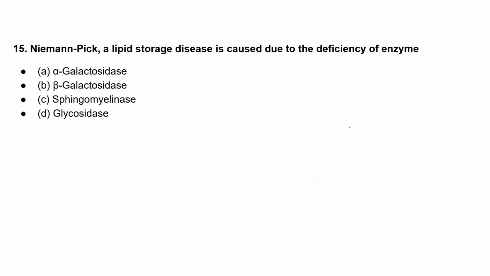So the next question is: Niemann-Pick, a lipid storage disease, is caused due to the deficiency of which enzyme? Option A is alpha galactosidase, option B is beta galactosidase, option C is sphingomyelinase, option D is glycosidase.